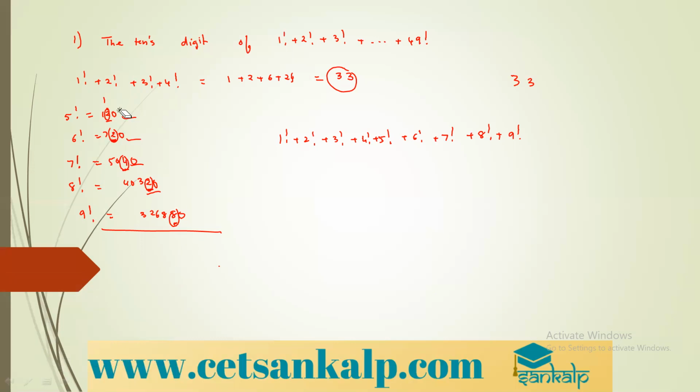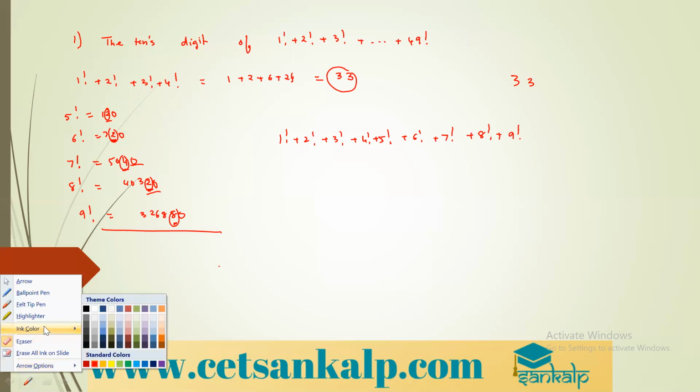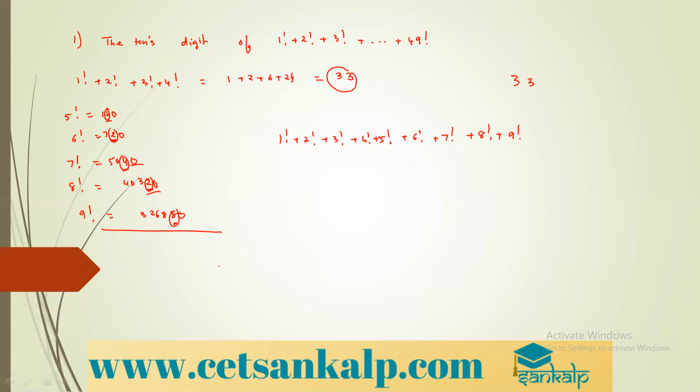Let me show it to you again because it is difficult to understand. Once you understand, it is easy. I am adding only tens digit. 2 plus 2, 4 plus 4, 8 plus 2, 10 plus 8, 18. In tens place, I will keep 8 and I will carry 1 to the other place. So leave that. Ones place, 0, 0, 0, 0, 0.